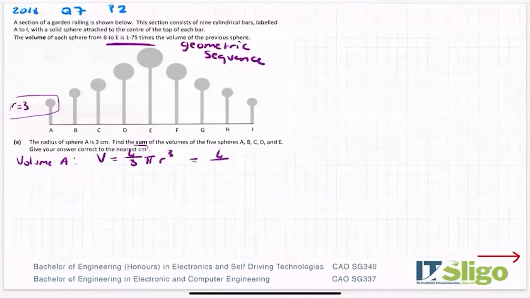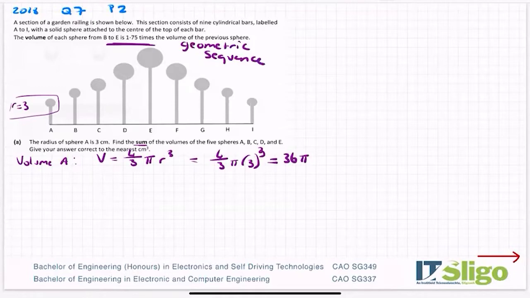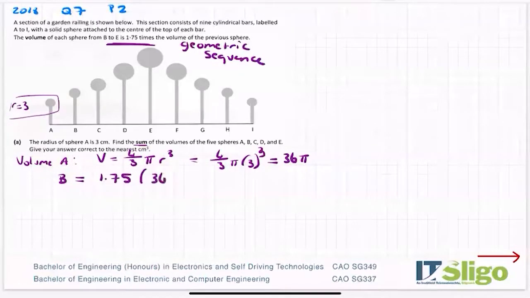For A, it's 4/3 pi r cubed, and that is 3 3s are 9, divided by 3, cubed. 36 pi is my volume of A. B then, of course, I know it's 1.75 times the volume of A. So 36 pi multiplied by 1.75, and that's 63 pi.